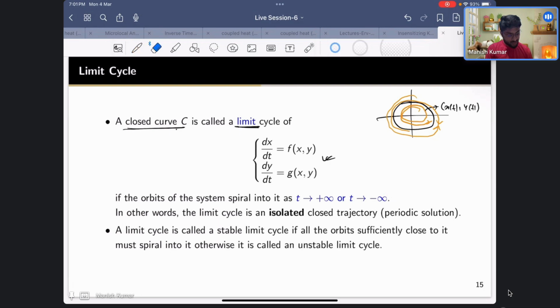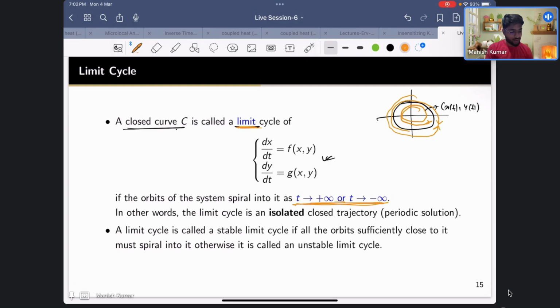That's why the name limit comes, because it is a limiting case. As t goes to infinity or minus infinity, if the orbit spirals into that curve, then we say it is a limit cycle. So the name comes from this limiting behavior.